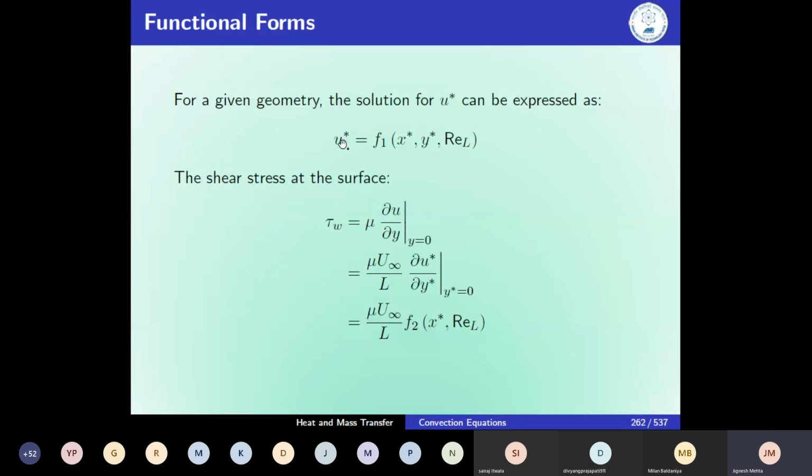So this u depends upon x, y, and Reynolds number. But your du by dy, so y will disappear, right? Because you are talking about du by dy, variation of du by dy. It is a function of x star and Reynolds number, right? So this was x, y, and Reynolds number; it is x star and Reynolds number.